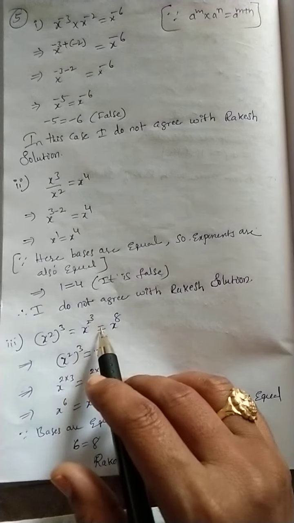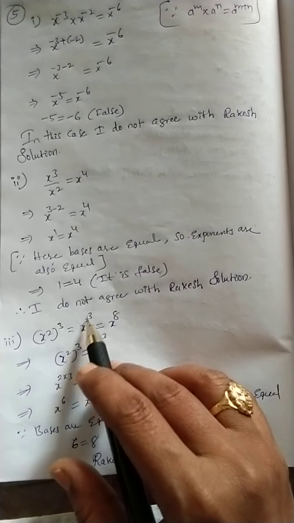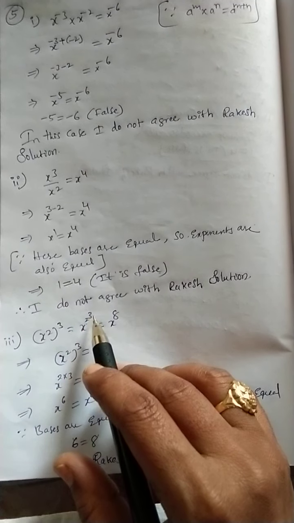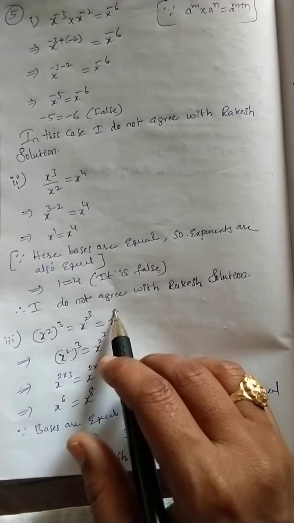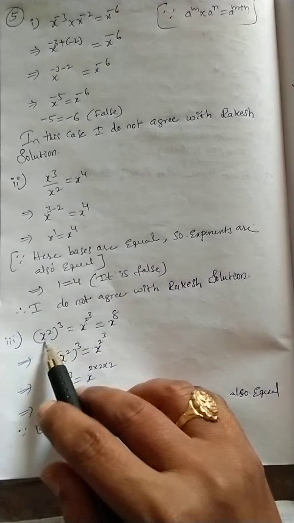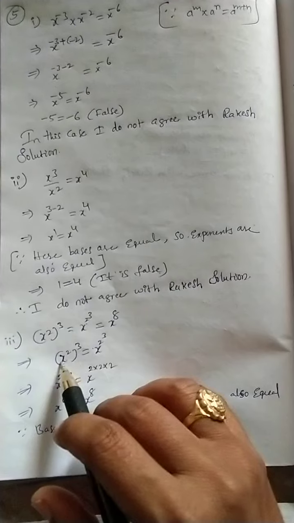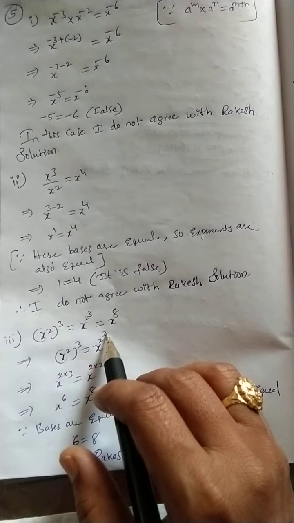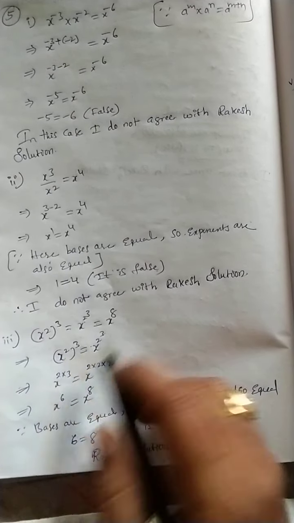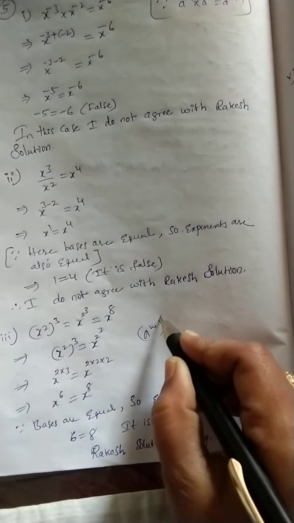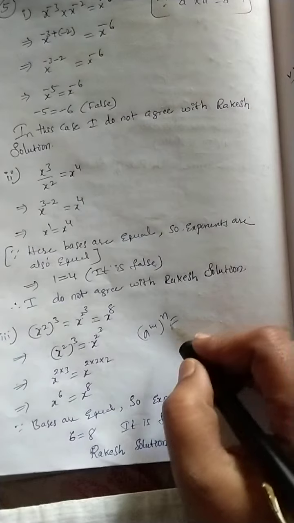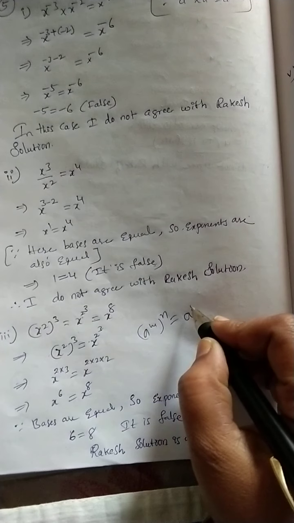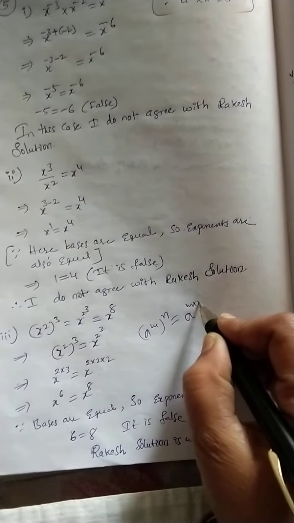Now the third bit: x power 2 whole power 3 is equal to x power 8. Here 2 power 3 means we multiply 2 three times, so we get 8. This is a power m whole power n, so we can write it as a power m into n.